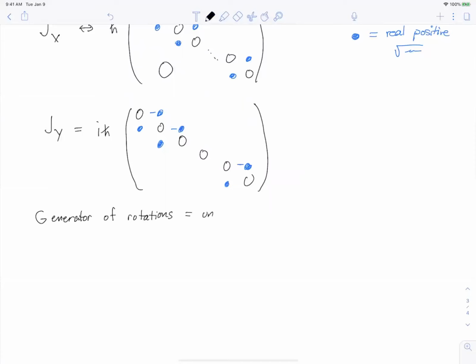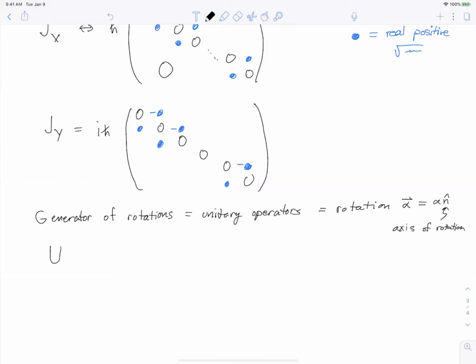These are unitary operators that do a change of basis corresponding to a rotation. This is for a rotation by an angle alpha, which is going to be a magnitude times a direction. This n hat is the axis of rotation of whatever transformation you're doing.